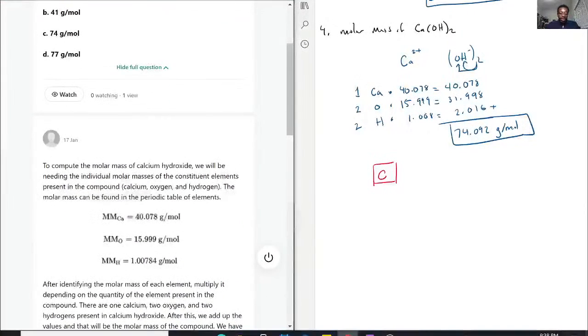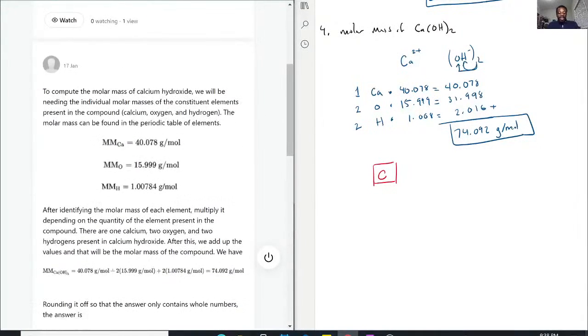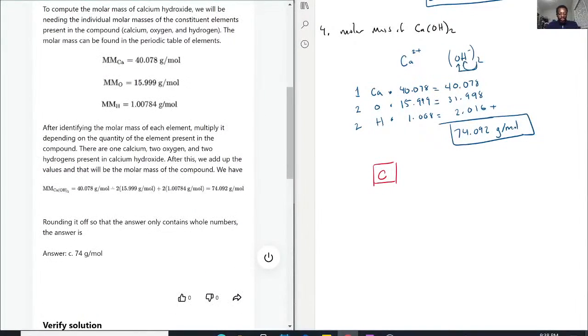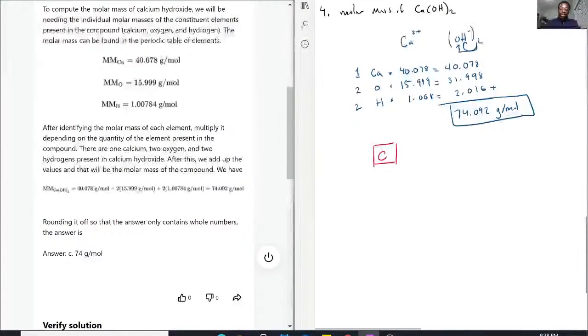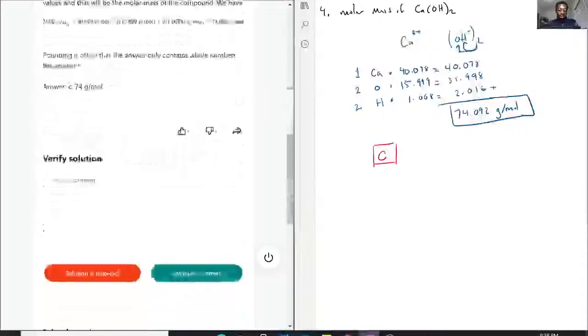So let's see how we did. Yep, 40.078, 15.999, 1.008, and then they just added together. They made sure that they multiplied the oxygen and the hydrogen by 2, and that is how they got specifically this answer here. Now, with that being said, that is correct, and we do indeed end up with C.